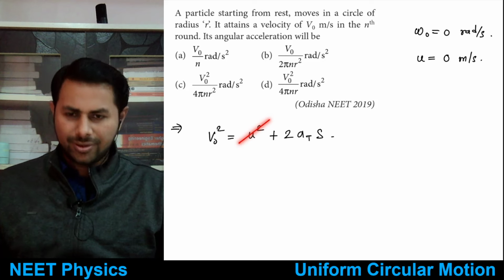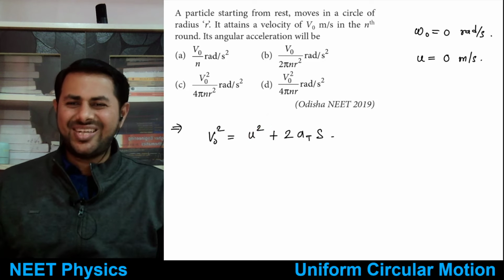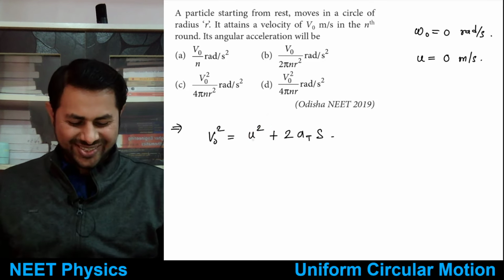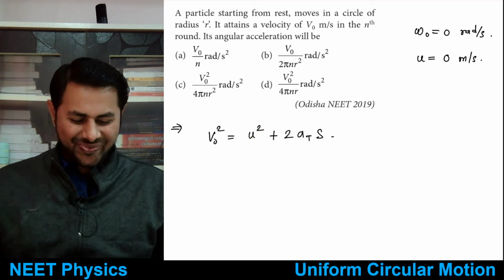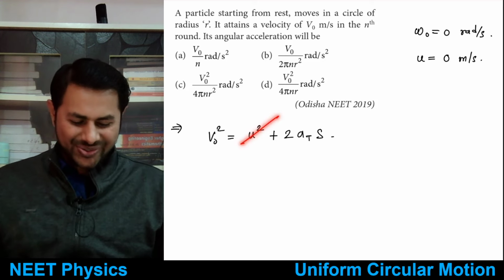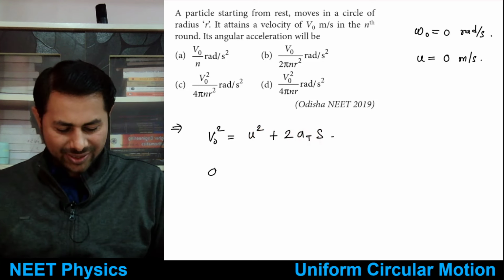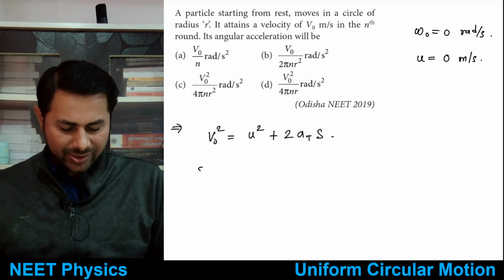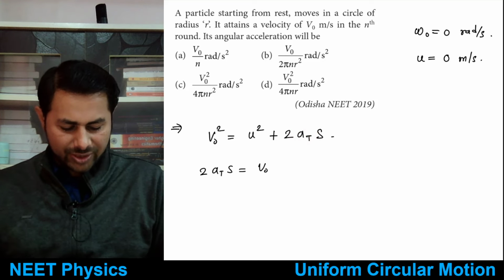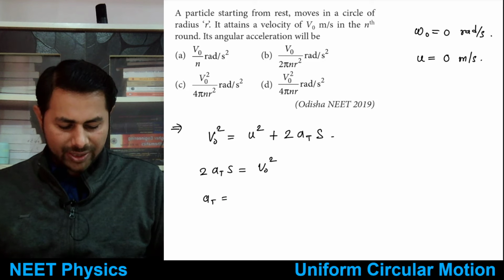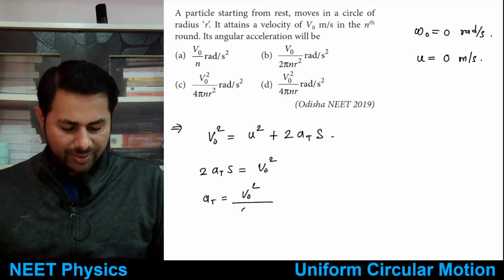Okay, let's check. So see, you should tell me what you are doing, right? Okay, so u square is 0, then you get from there tangential acceleration at, 2 times at into s is equal to v naught square. Therefore at can be written as v naught square divided by 2 times s.